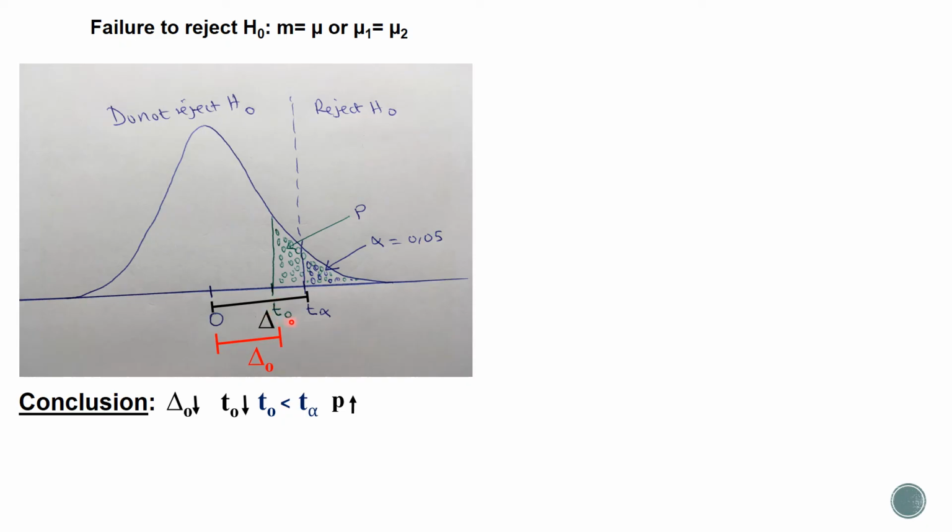When it decreases, the p-value increases. And when the p-value increases, it becomes greater than alpha. When it's greater than alpha, what it simply means is that there's a greater chance of the test results being due to what? Random sample error. Remember, the p-value is the same as alpha.